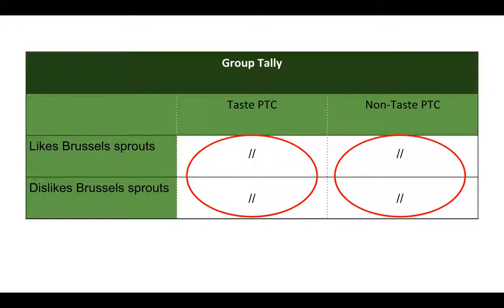So you're going to put tally marks for people who like Brussels sprouts, whether they taste PTC or not. And then you're going to tally for people who do not like Brussels sprouts, whether they taste PTC or not. Those tally marks may or may not match what I have here, so you just need to make sure you record accurately.